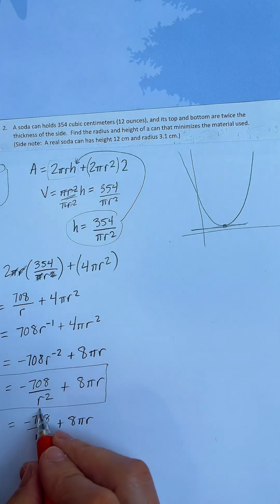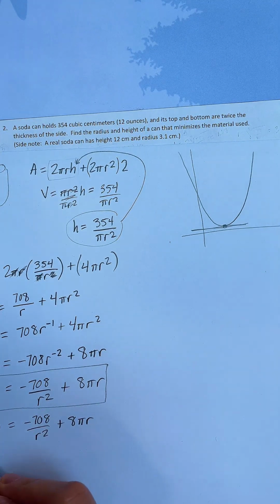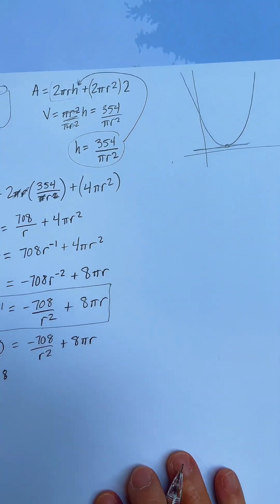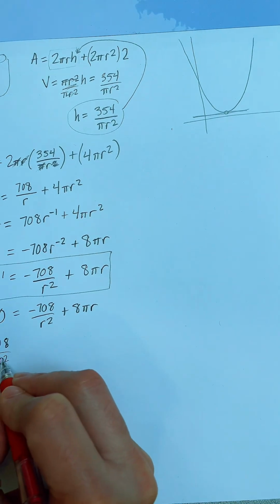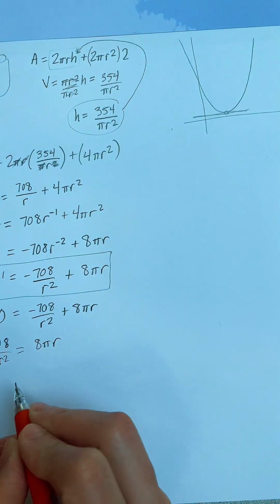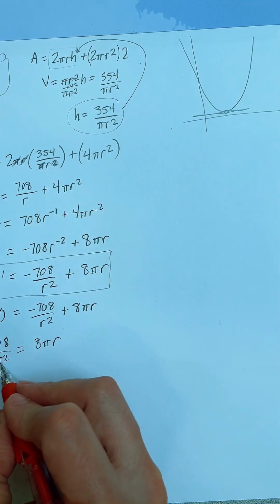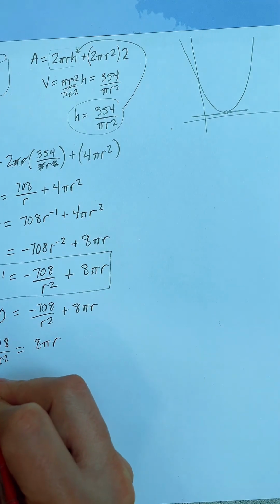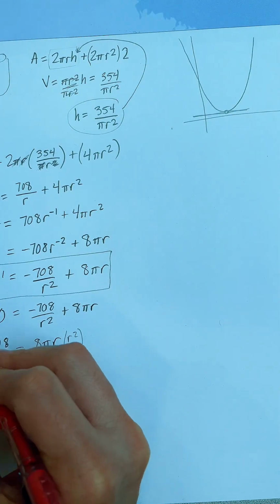And now I'm going to subtract 708 over r squared from both sides, which puts that over here. I'm starting to run out of room. So 708 over r squared equals 8 pi r. All right, now we want to solve for r, so I'm basically going to put, I guess you could more elaborately say r squared over 1, multiplied times both sides.